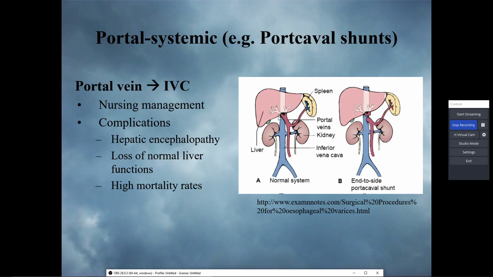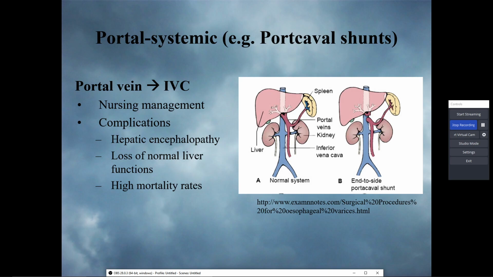Kidneys, ureters, cool, got it. Spleen, cool, got it. Look at this one. We have direct attachment of the splenic arteries, amongst others, and a direct connection. But why do we do this? We did this so that we can keep blood flow going to the spleen while decreasing distal hypertension in the liver.